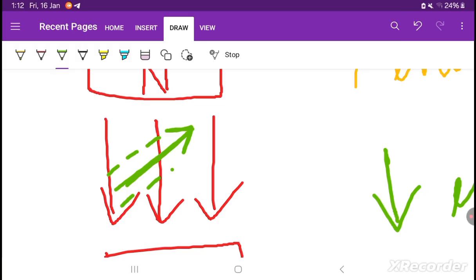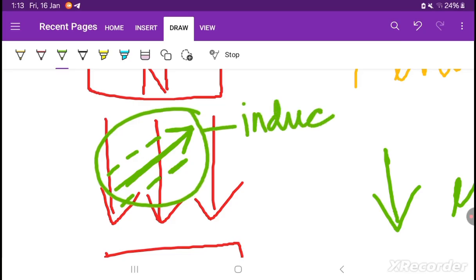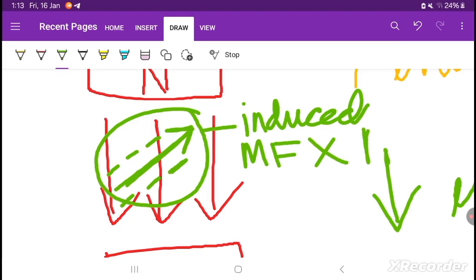Whenever there is the presence of electrons, it will induce a magnetic field opposite to the external field. There will be an induced magnetic field opposite to B0.